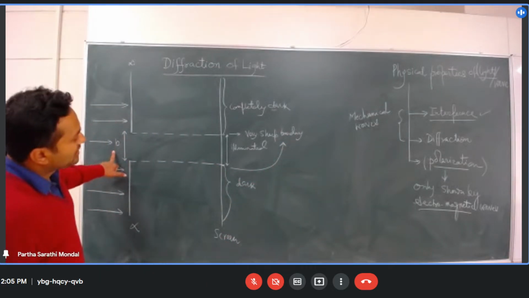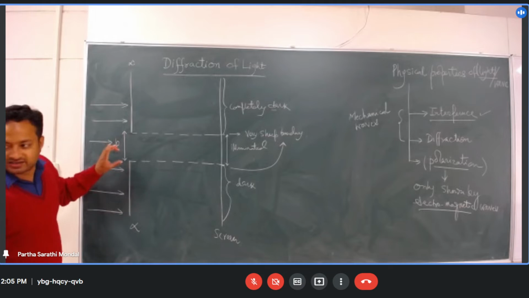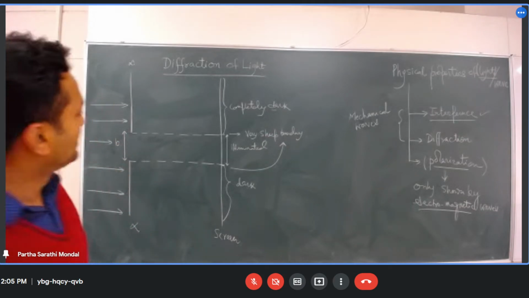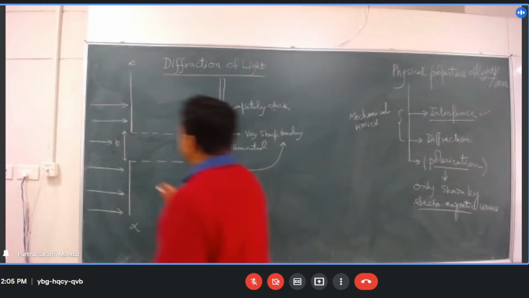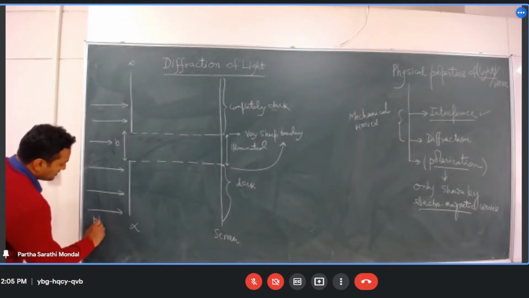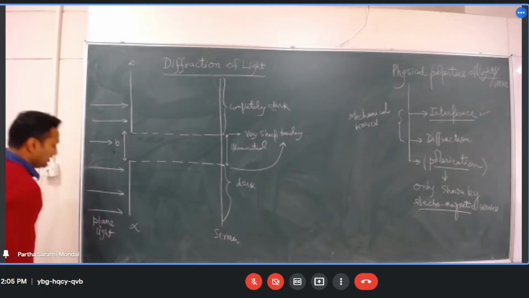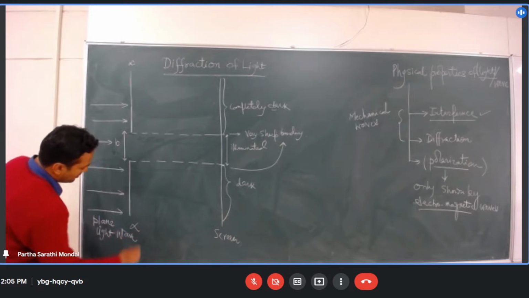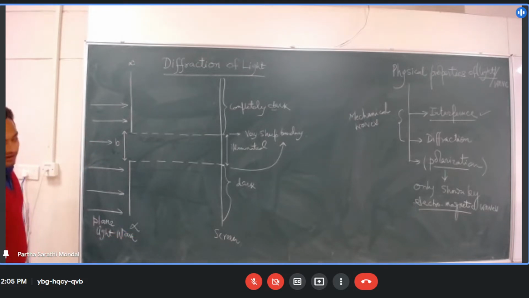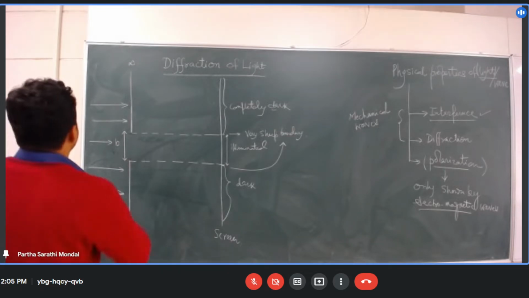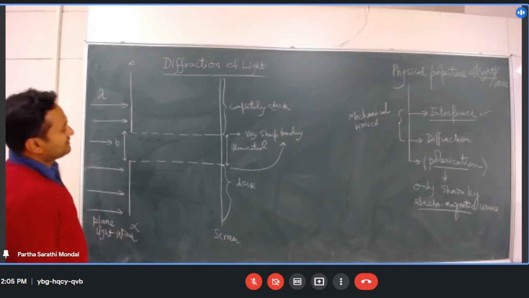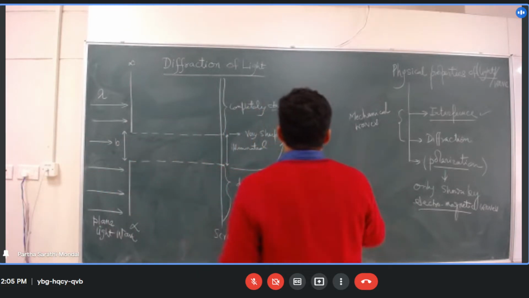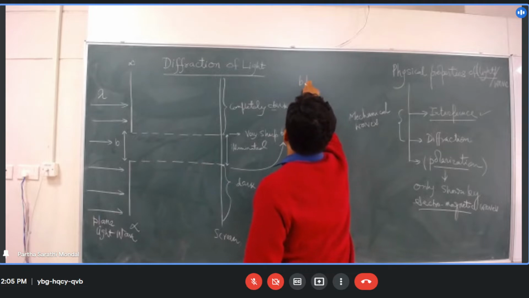So now, if you gradually decrease the slit width, we have used a plane light wave. Any kind of wave can show diffraction, so it could be sound or light. It does not matter. If this wave has wavelength lambda, and you gradually decrease B, what will happen?